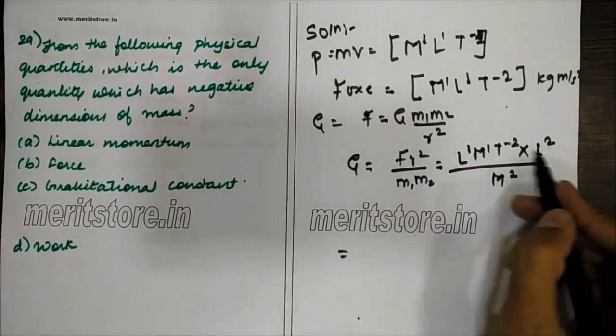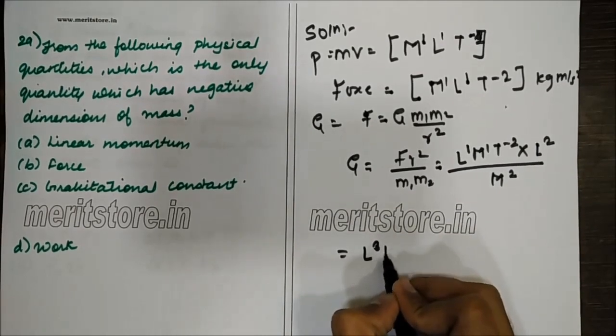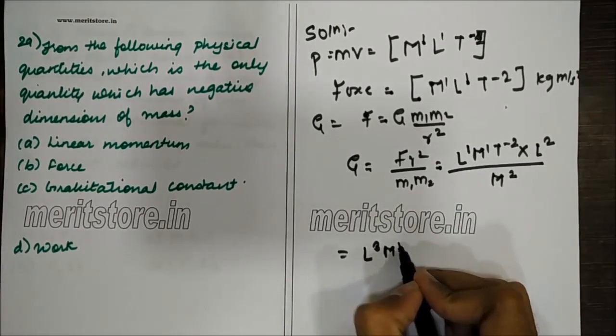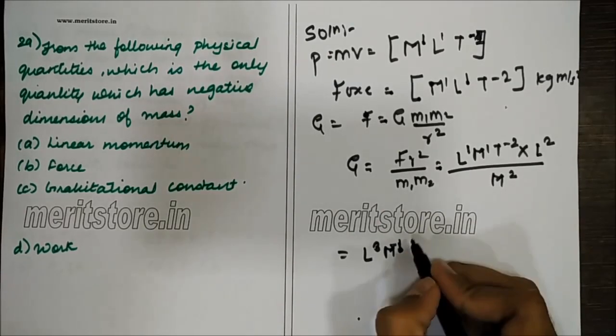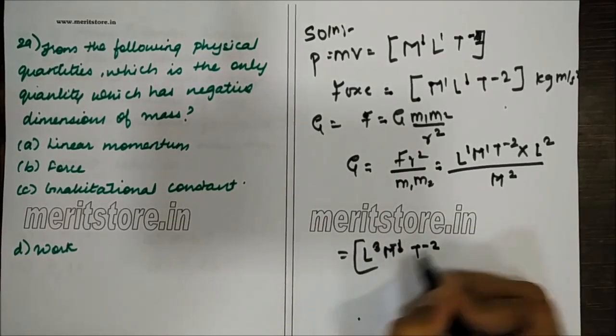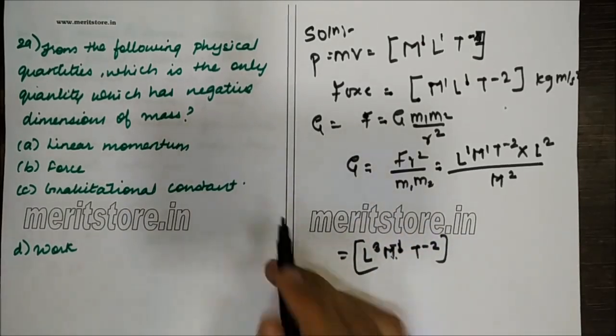If we calculate all this, l becomes 3, m becomes minus 1, and t becomes minus 2. So we got minus 1 as the dimension of mass for the gravitational constant.